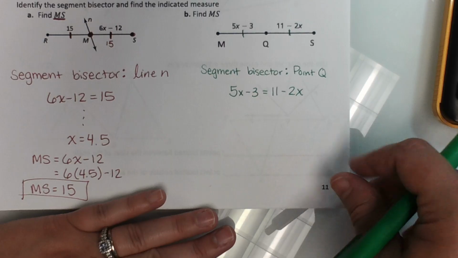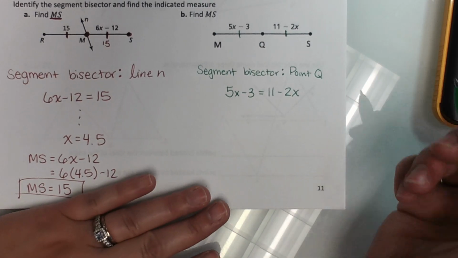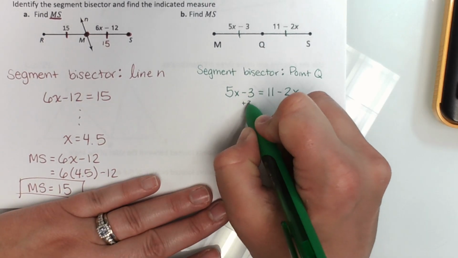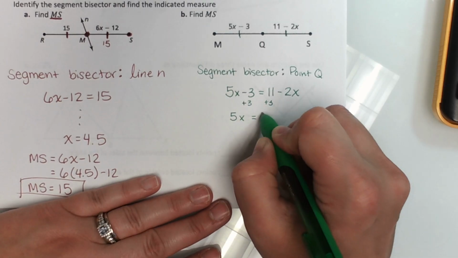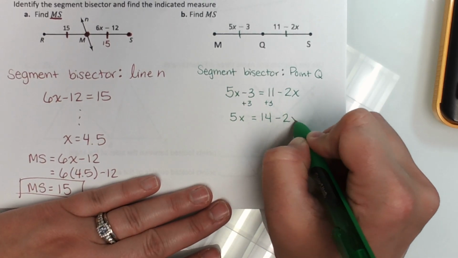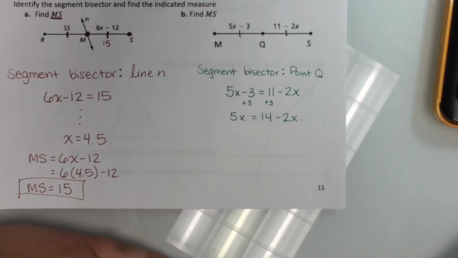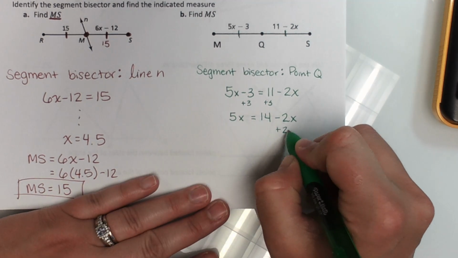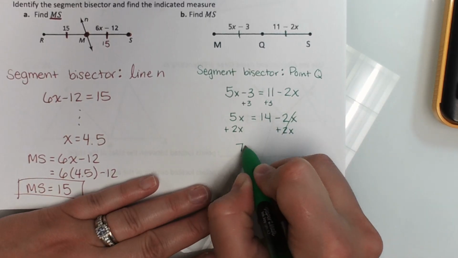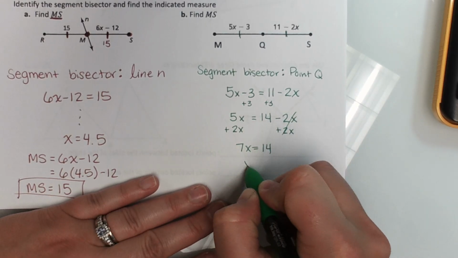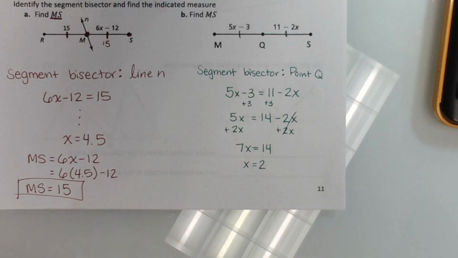You can add 3. I'd get 5x equals 14 minus 2x. Combine the x's how? Adding 2x. Be careful with your positives and negatives. We would get that x is 2.